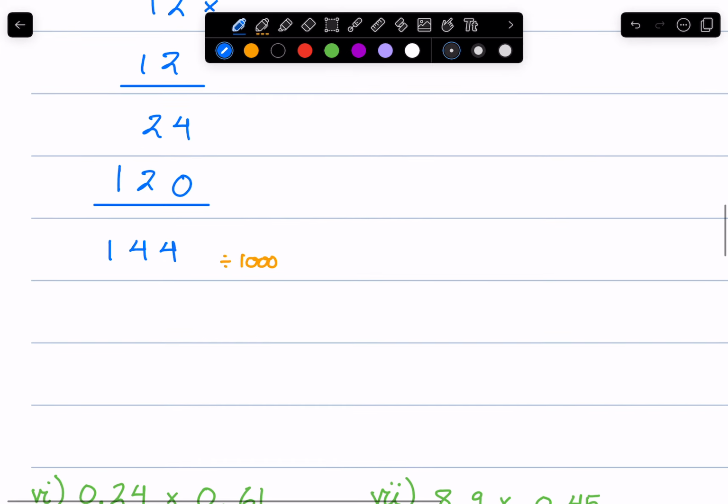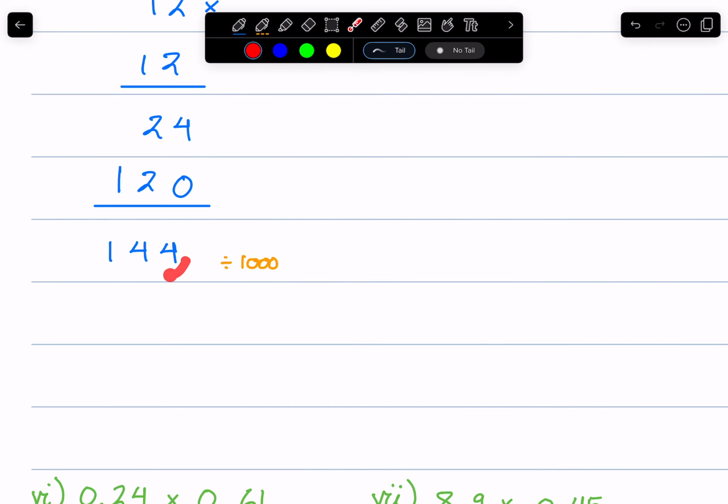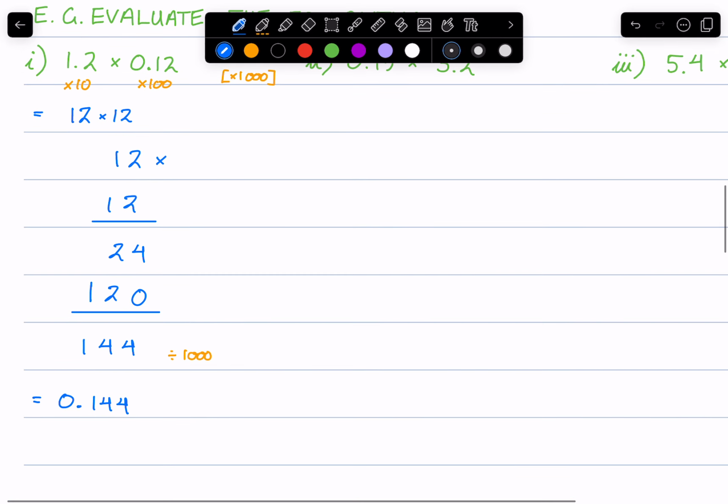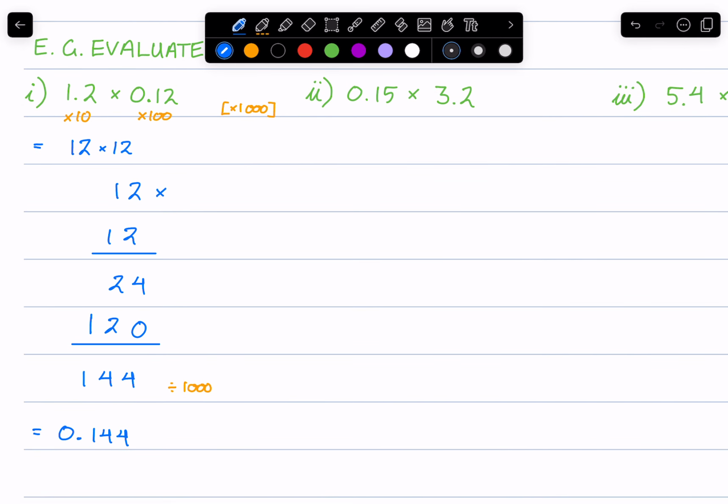So that moves the decimal place 3 spaces, 1, 2, 3. So that gives us 0.144. And there is our answer. So 1.2 times 0.12 gives us 0.144.